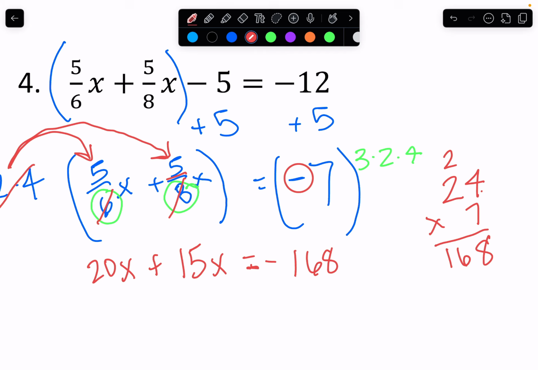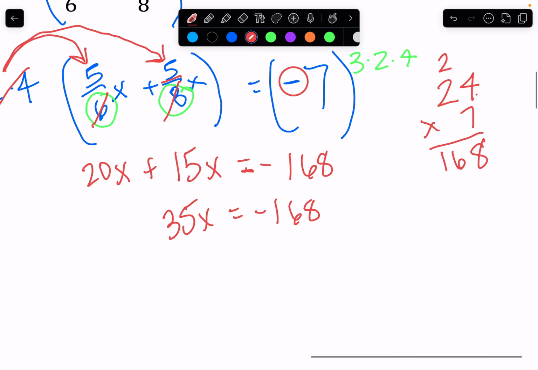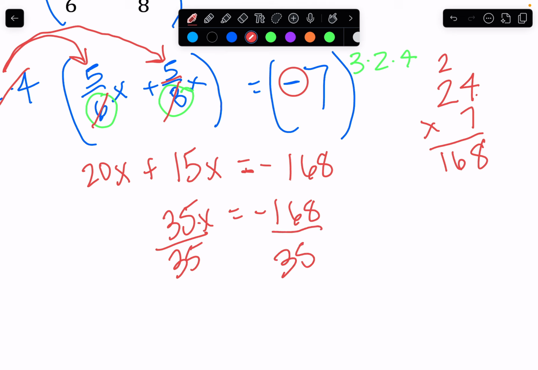20x plus 15x is going to give me 35x equals negative 168. We know what to do here, right? This is x times 35, so we're going to divide by 35 and divide by 35.